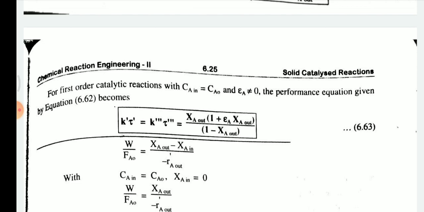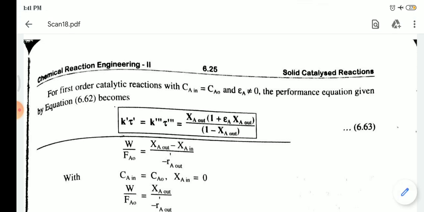So the performance equation is given by 6.62. It becomes K dash tau dash and K triple dash tau triple dash is equal to XA out, 1 plus summation of EA XA out epsilon A out into sigma A out, divided by 1 minus XA out.